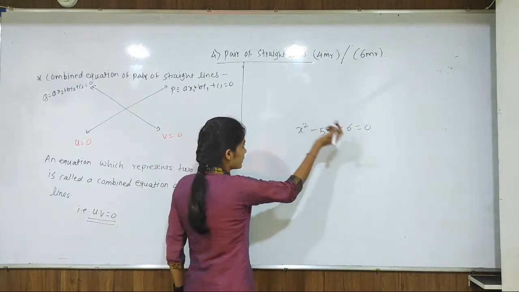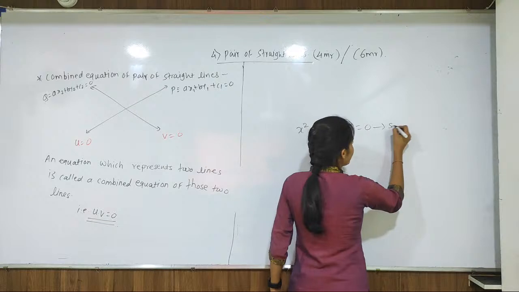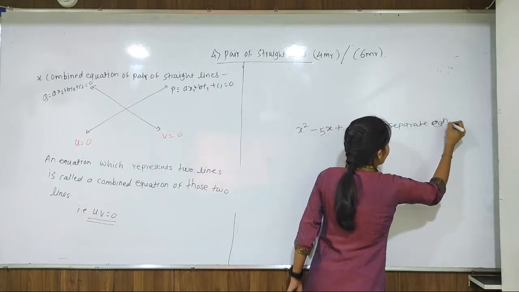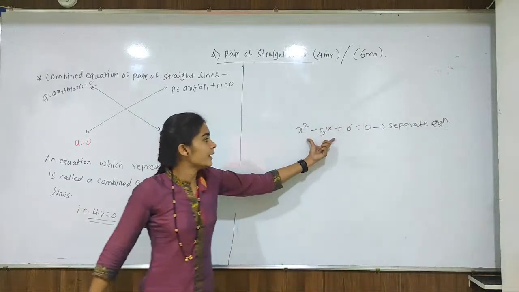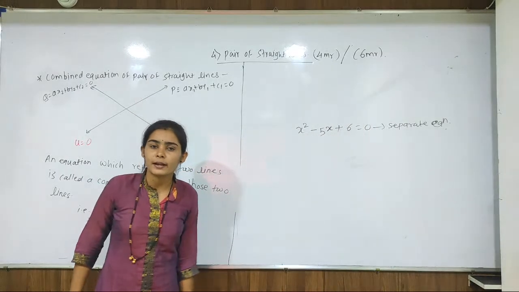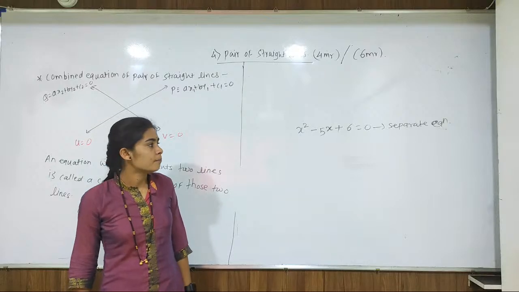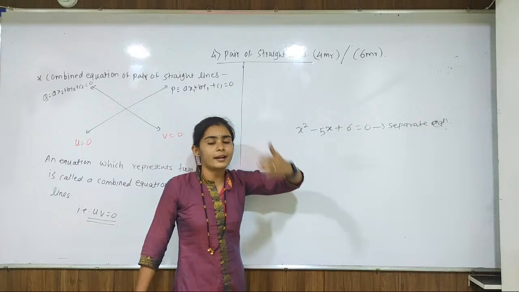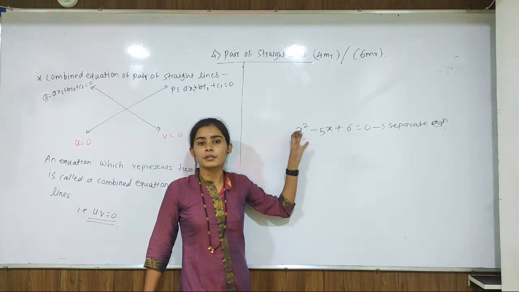This combined equation is given, so you have to find the separate equation. Separate equation means we have to find u and v. If the combined equation is given, then find the separate equation. Then how will we find it? By taking the roots of this equation. By finding the quadratic roots, we can find the separate equations.